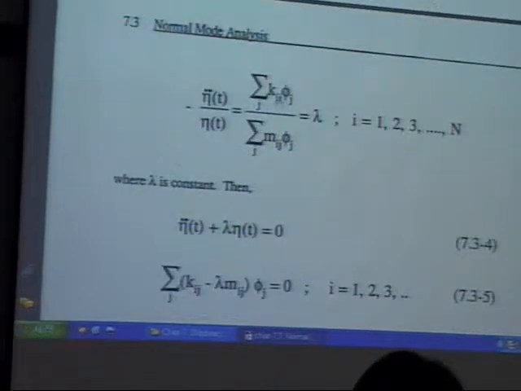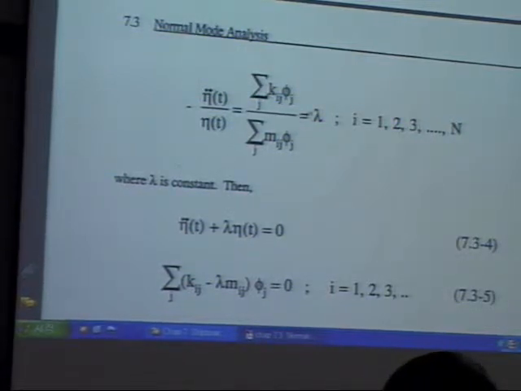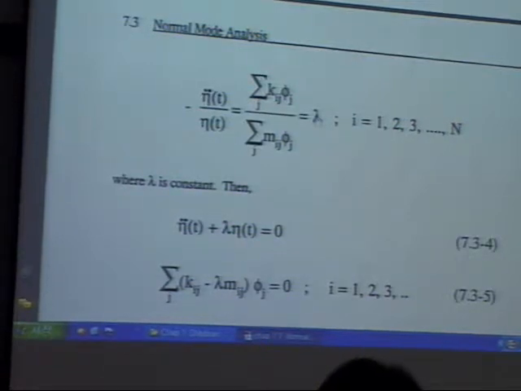So, okay, this is a constant. So now this is equal to the lambda. If you say this is equal to lambda, then I can write this here. Is it clear? And the second term, this expression is equal to lambda. This lambda is called the eigenvalue. This lambda is the eigenvalue. Okay?